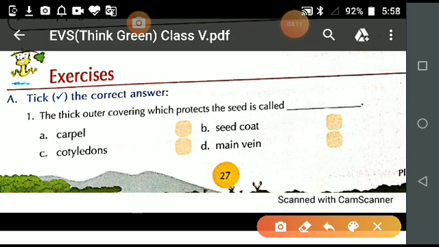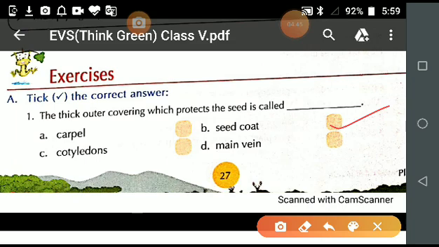Now option B, seed coat. Yes students, seed coat is the right answer, because when I explained the structure of a seed, I told you to note down in your copy that a seed is divided into three parts: embryo, the baby plant. What is seed coat?